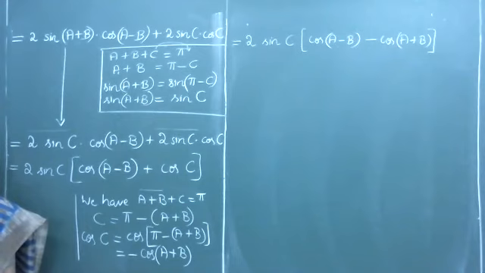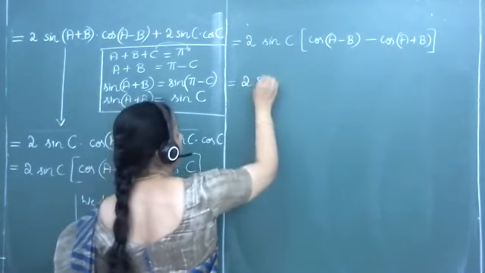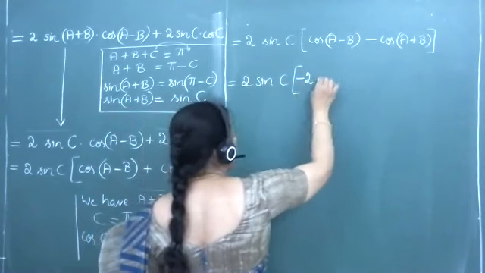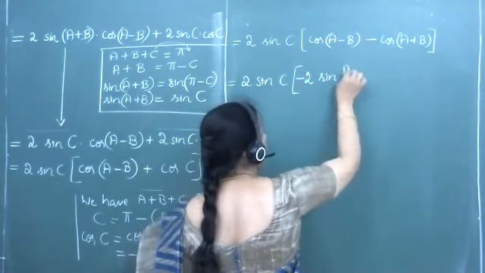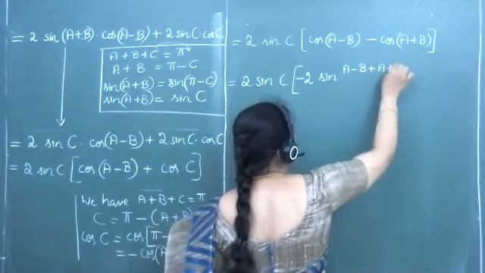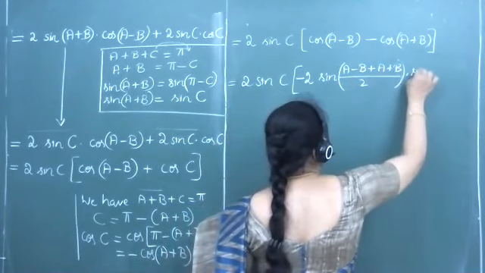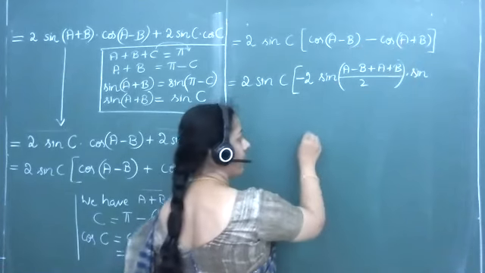And what is cos C minus cos D given by? It will be equal to minus 2 into sin of C plus D. Add the two angles. Here it will be A minus B plus A plus B. Divide by 2 multiplied with sin of C minus D. Subtract the same two angles.